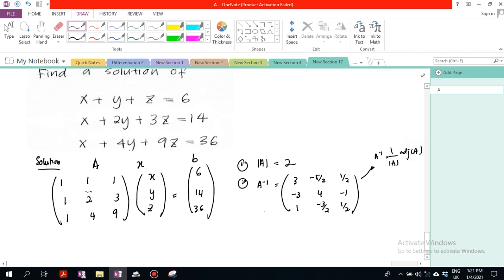Then once you have both, you can answer the question, where X is equal to A inverse times b. You will get X equal to 1, 2 and 3, which means that X equals 1, Y is equal to 2 and Z is equal to 3.